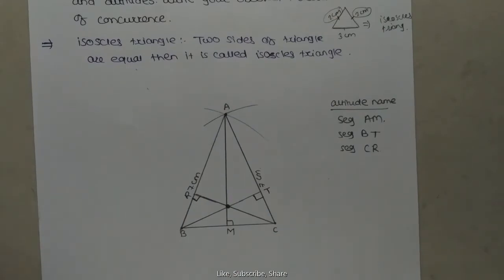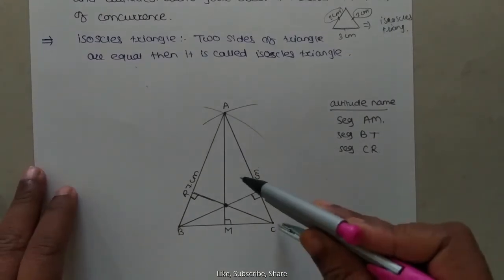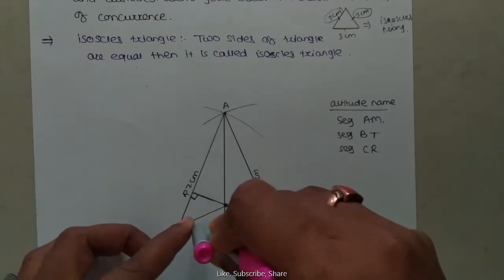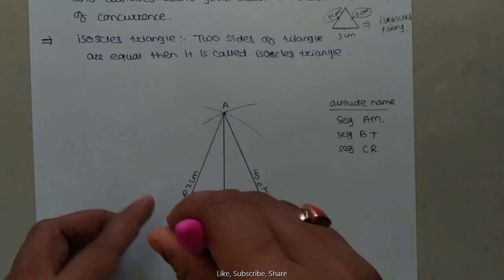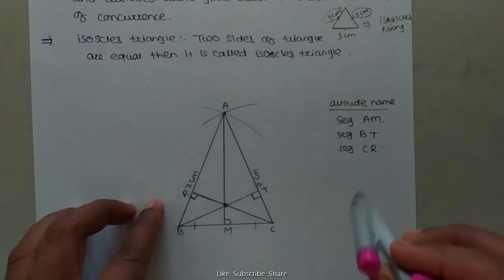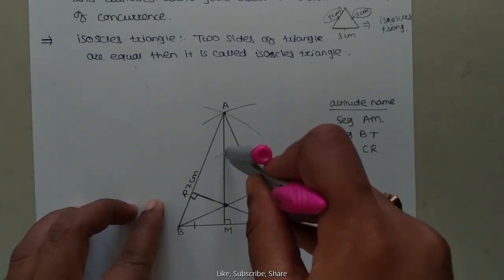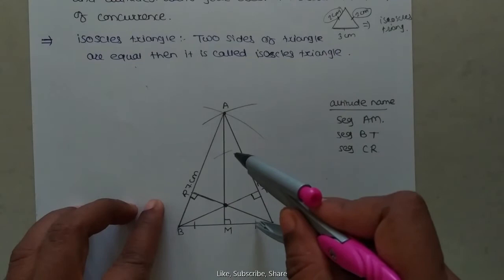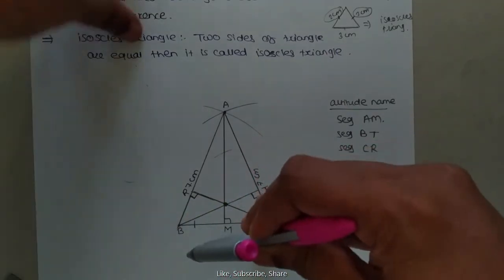So we have to complete here the drawing of the altitudes. Now we have to draw the median. So how to draw the median? We have to take more than half the distance in your compass and draw one arc here, one arc here, with the same measurement, somewhat light here, one arc here.